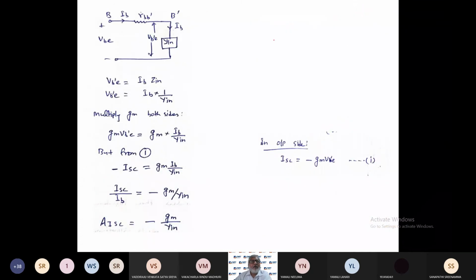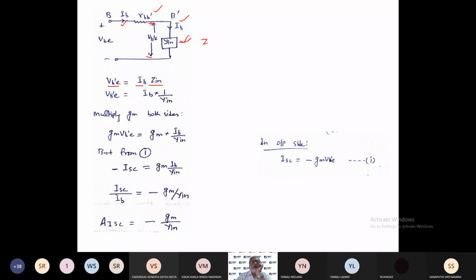So now you can see the figure is like this. This is IB, R BB dash. This is the admittance, and this same current IB is flowing through the admittance, and across this admittance this is the voltage VB dash E, right? Which is the voltage across the admittance Y E. So VB dash E is equal to IB into Z in, right?